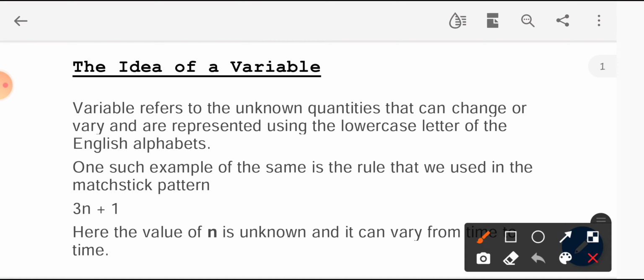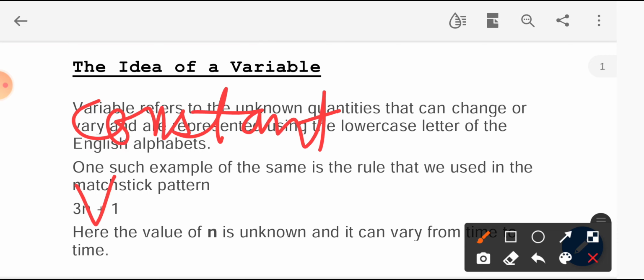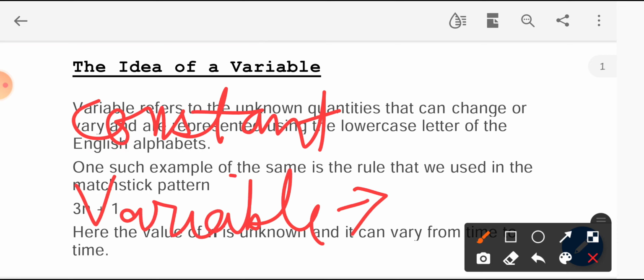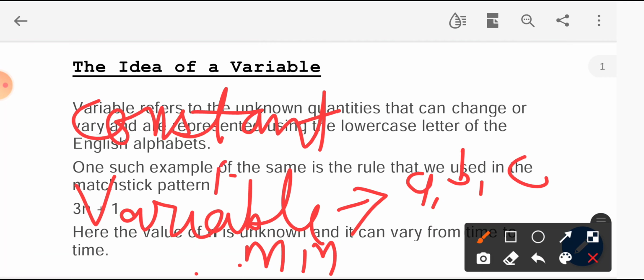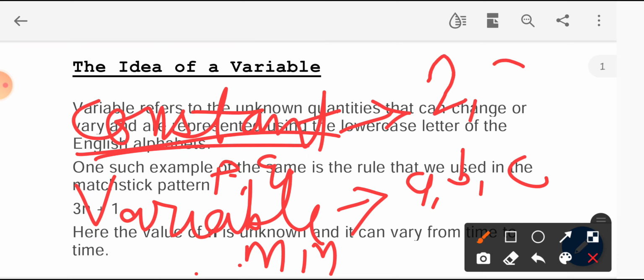Here in algebra we will learn about constant and variable. So variable means whose value is not fixed, जिसकी वैल्यू फिक्स नहीं होती, जैसे कि जो इंग्लिश अल्फ़ाबेट या स्मॉलर लोअर केस लेटर से रिप्रेजेंट किया जाता है, जैसे ABC और MN LMN और PQR. And constant means whose value is fixed. कॉन्स्टेंट मतलब वो होता है जिसकी वैल्यू फिक्स होती है, जैसे कि numbers represented by numbers like 2, 3.